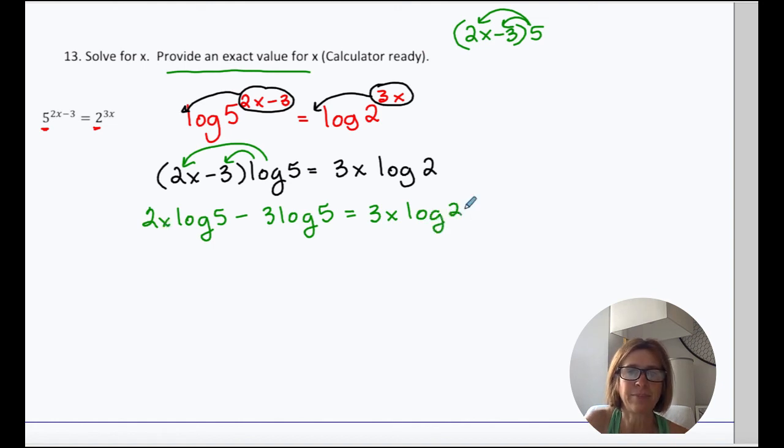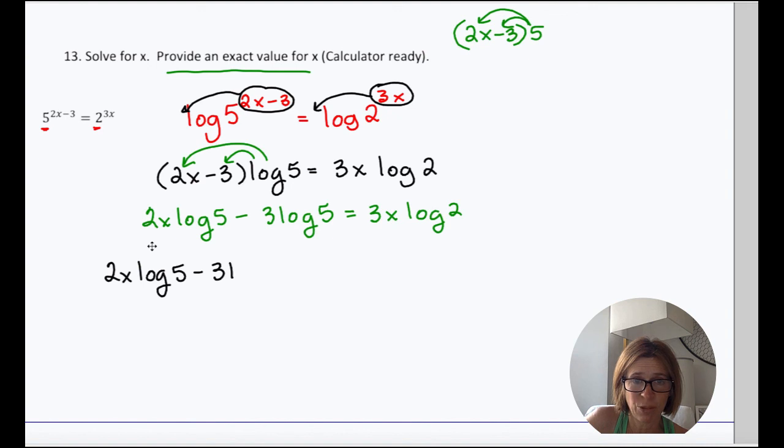Okay, tricky now. Again, we want to isolate x. We want all the x's together. So that means I've got to get 3x log 2 to the other side. So I'm going to subtract it. Oops, 3x.